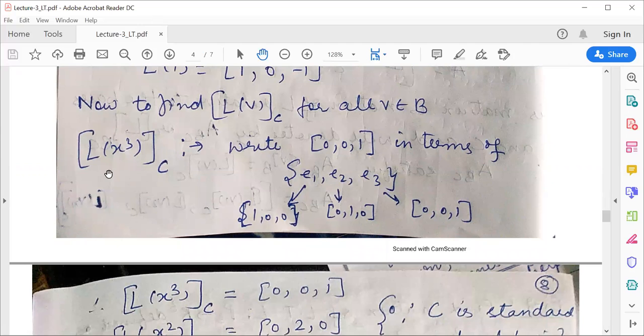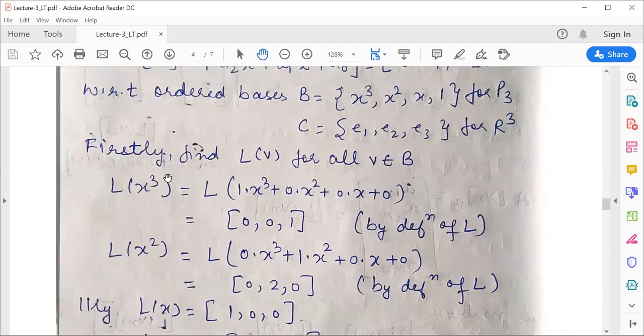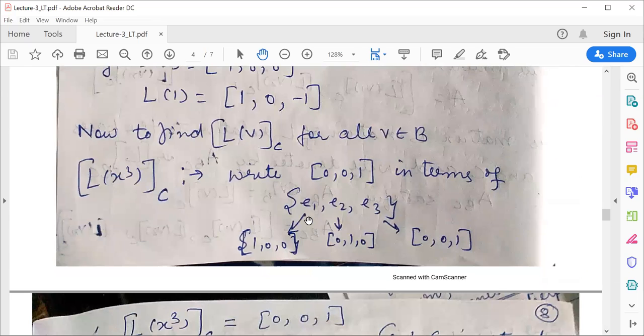Now, to calculate the coordinate vector of L of x cube with respect to the ordered basis C, we need to write this image 0, 0, 1 as a linear combination of the ordered basis C, that means write this in terms of E1, E2, E3.